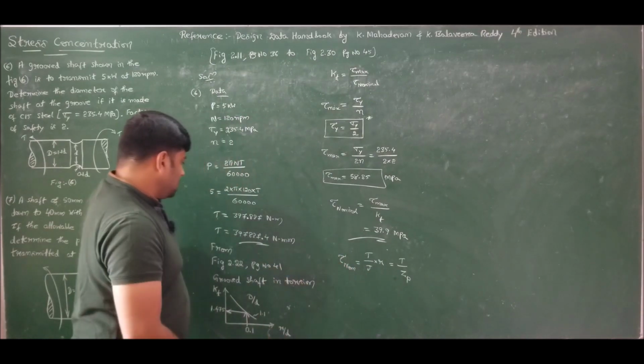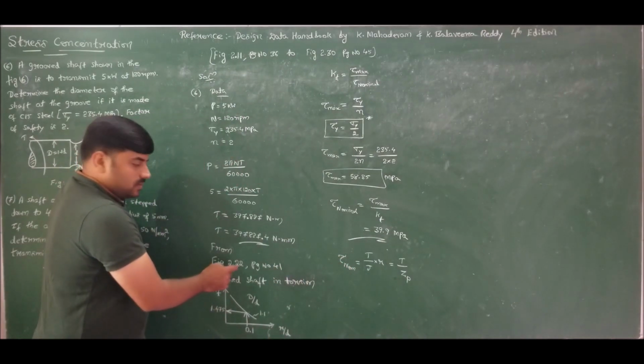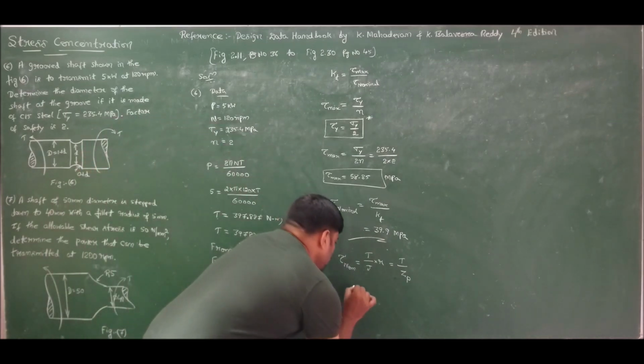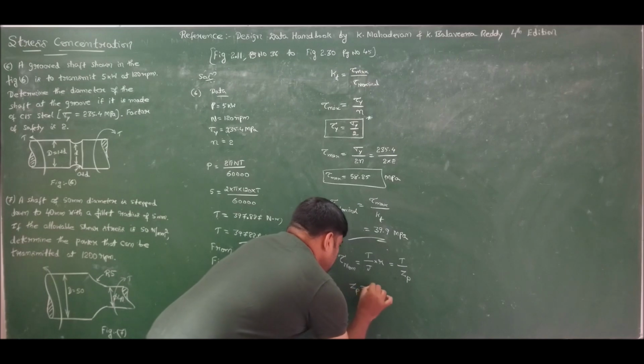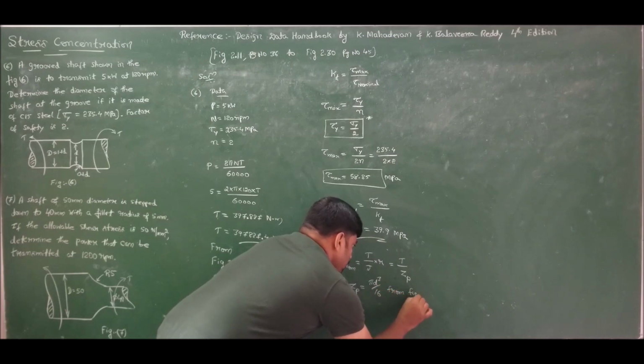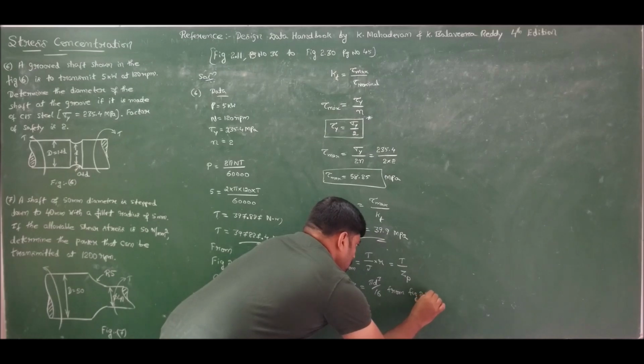Polar section modulus is given in figure 2.22. So Zp is equal to pi d cube by 16. This is from figure 2.22 directly.